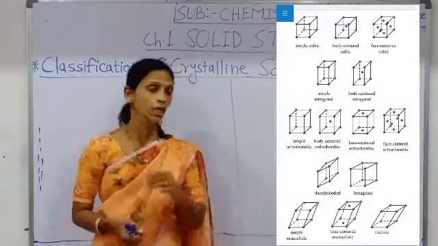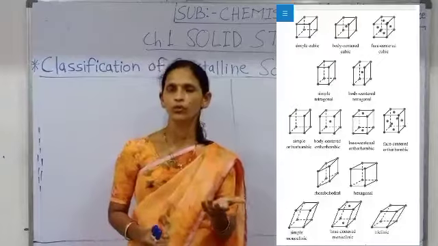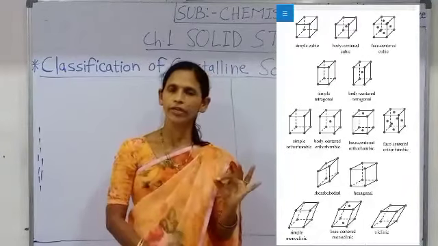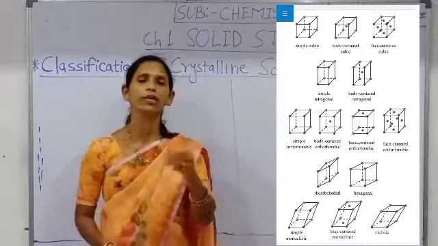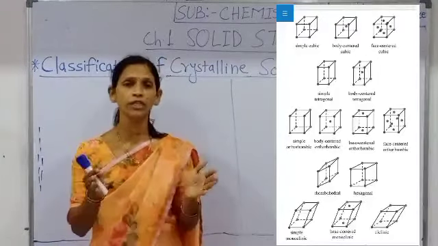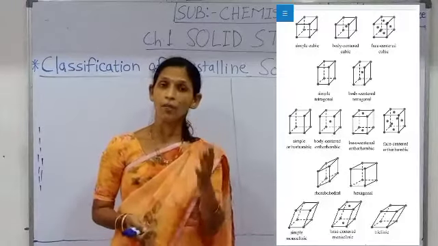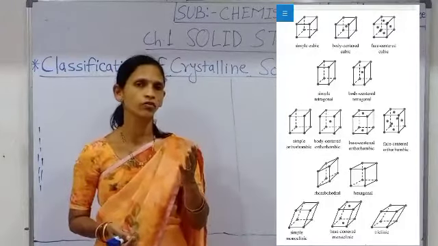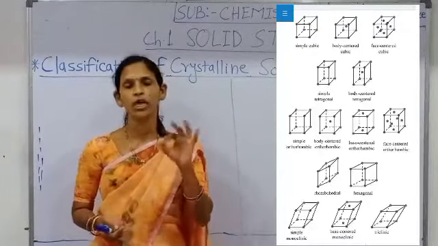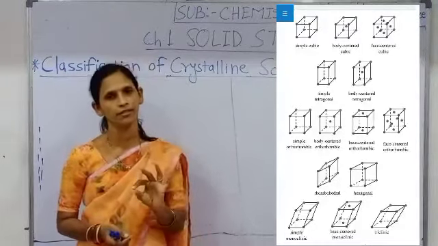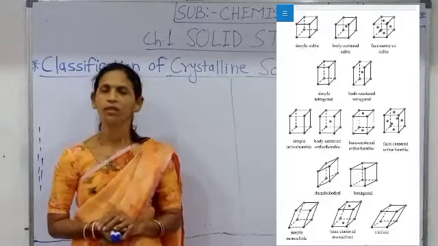In the previous lecture I discussed that every crystalline substance is made up of different types of crystal structures, and about 14 types of crystal structures are there, which are also known as unit cells of the crystal lattice.